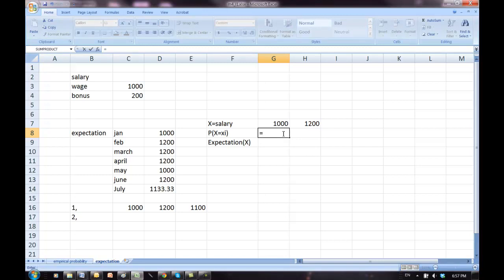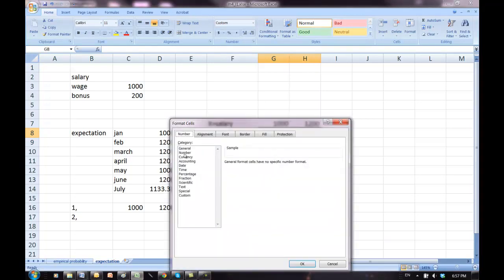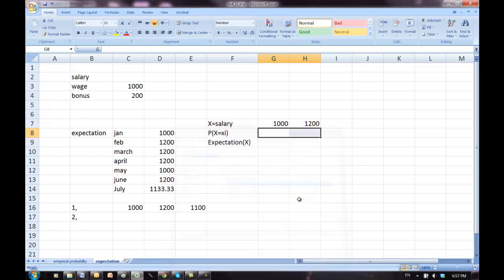And since out of 6 months we have 2 months with $1,000, the chance of making $1,000 will be 2 divided by 6. Oh, I need to change this into a number. Right, so here again it's 2 divided by 6.